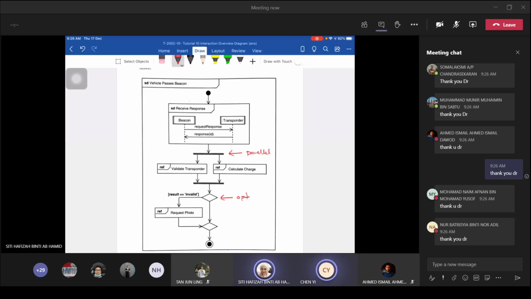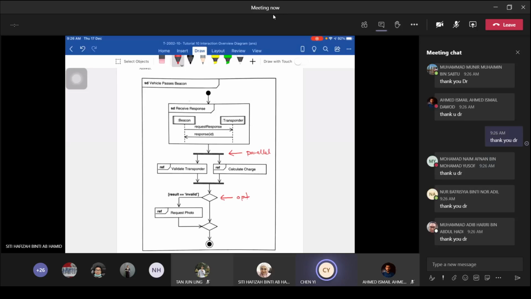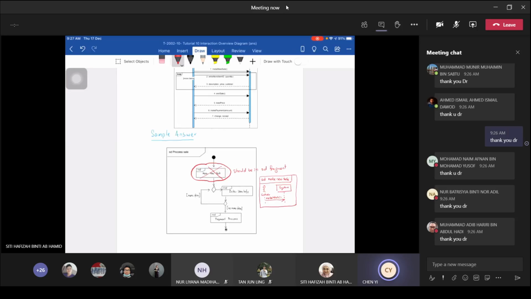Sorry, Doctor. Can I ask the question again? For question 4, because you said that we don't use a reference but a more complete frame, right? Can I still use the reference, but make another sequence diagram for the reference? Can.